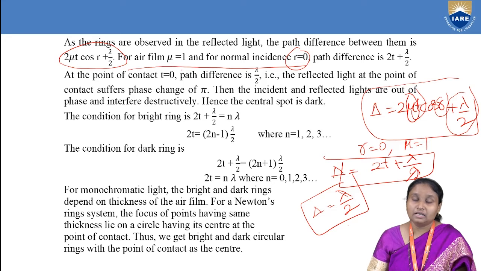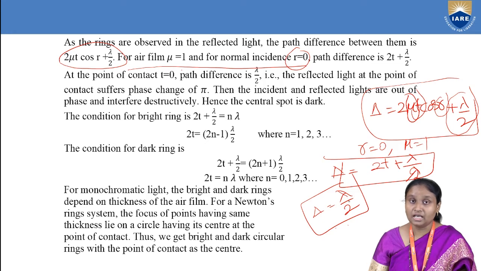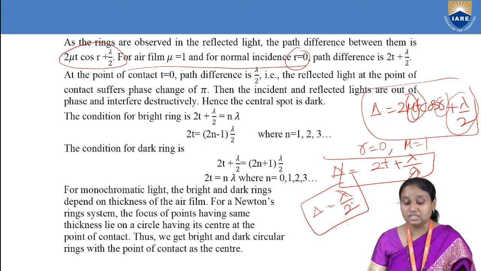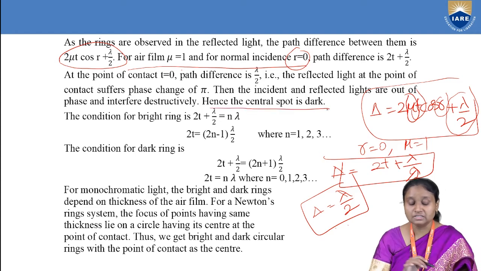So these are completely different from each other. In our case, because we are considering only reflected light, we will observe that our central spot is dark. And why is our central spot dark? Because it is satisfying the condition for path difference, which comes out to be lambda by 2, as the thickness of the air film is 0. So here we are very clear that our central spot is dark.